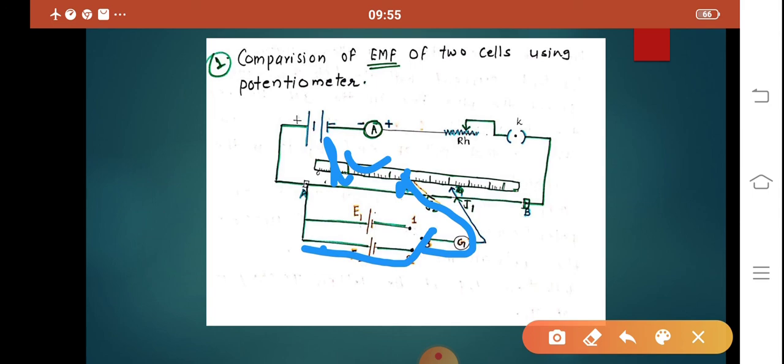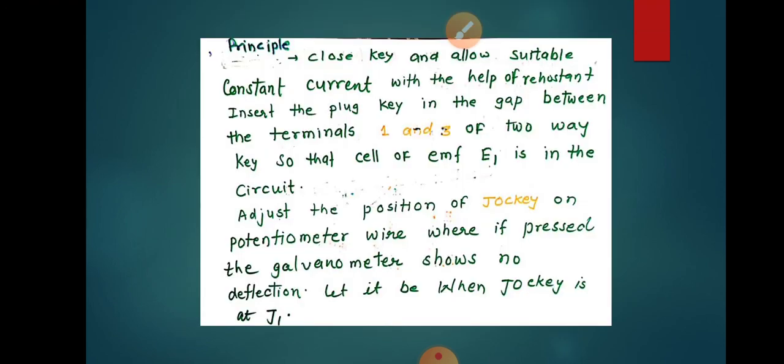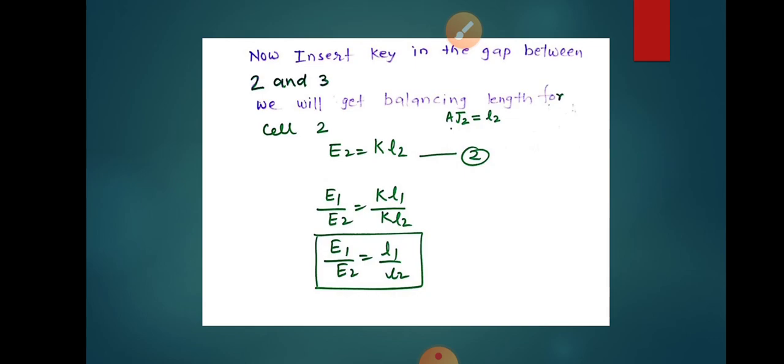So corresponding to cells 1 and 2, we get two balancing lengths. E1 equals KL1, E2 equals KL2. Dividing, E1 by E2 equals KL1 upon KL2. K cancels, so E1 by E2 equals L1 by L2. By calculating the lengths, we can compare the EMF of two cells.